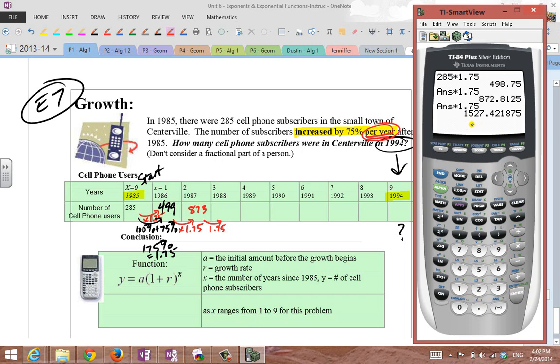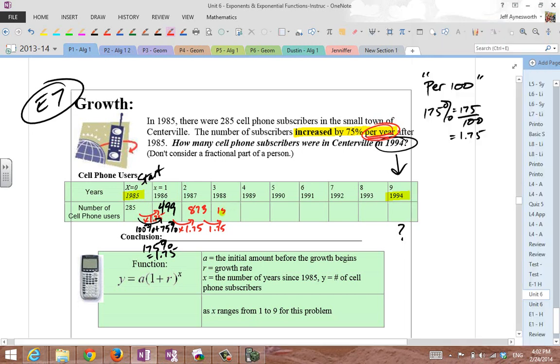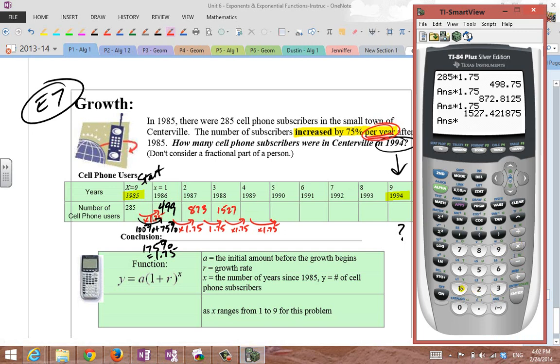So now we have roughly 1,527 subscribers. And again, multiply by 1.75 to get to the next year. Every time you do that, you just go times 1.75, which is 175%. You get about 2,673 now.